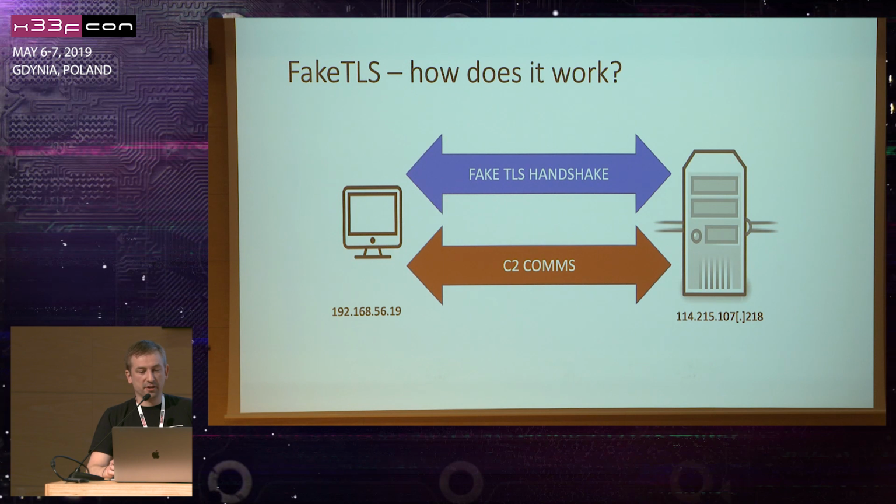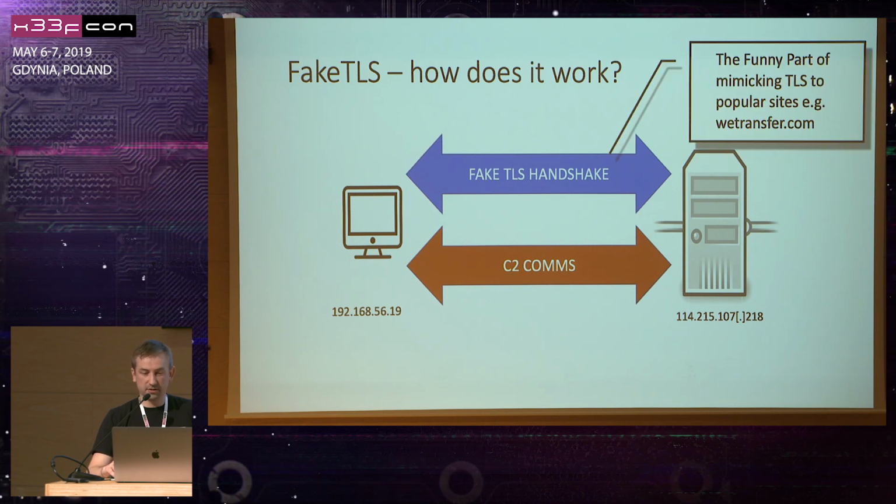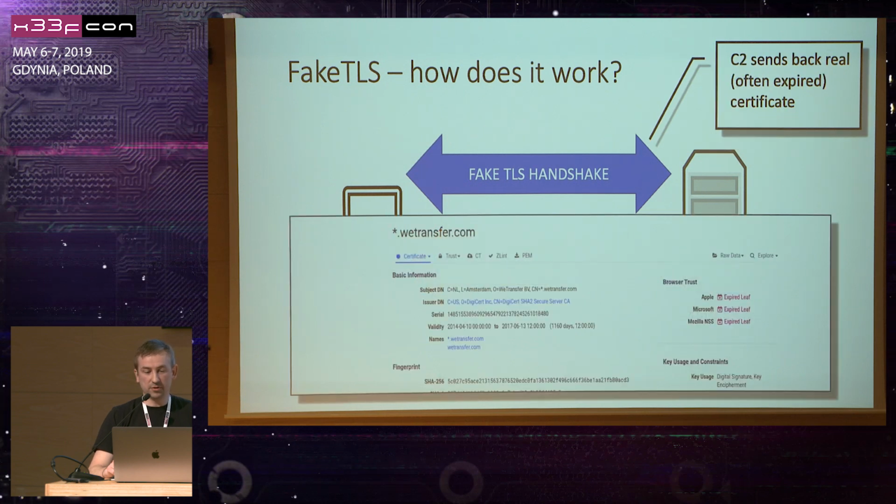So generally, that's the idea behind the fake TLS. The handshake for the TLS is fake, and the real communication between the backdoor and the C2 server happens after the handshake. The handshake is the funny part: for example, the C2 server just sends back a real and often expired certificate, which is just copied from pages like WeTransfer, Google.com, Dropbox.